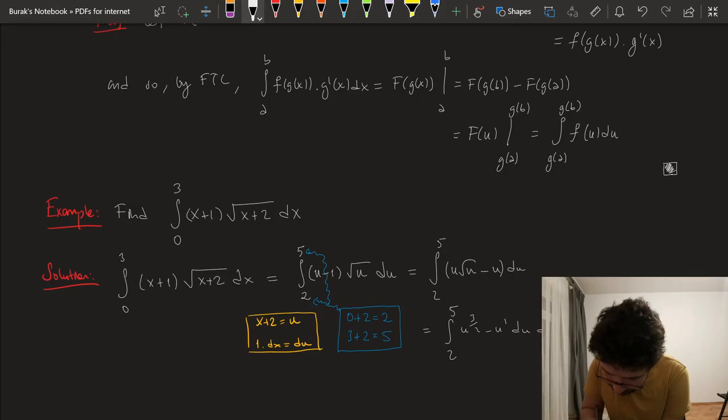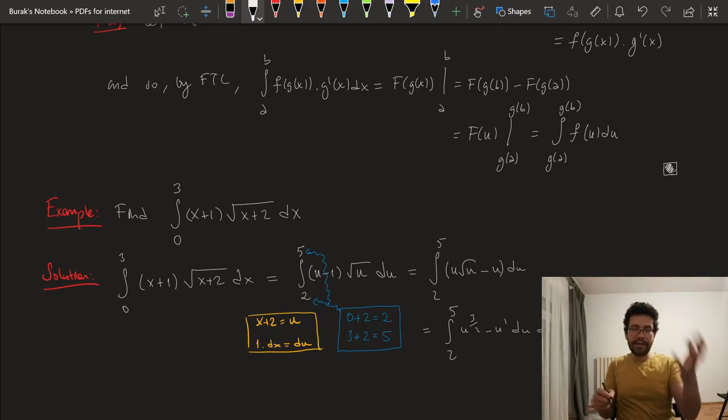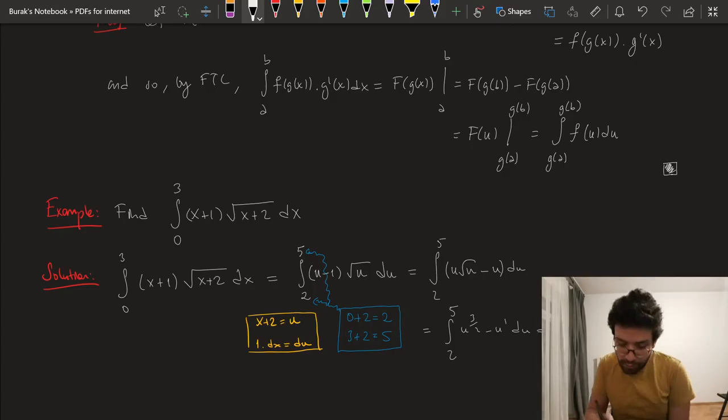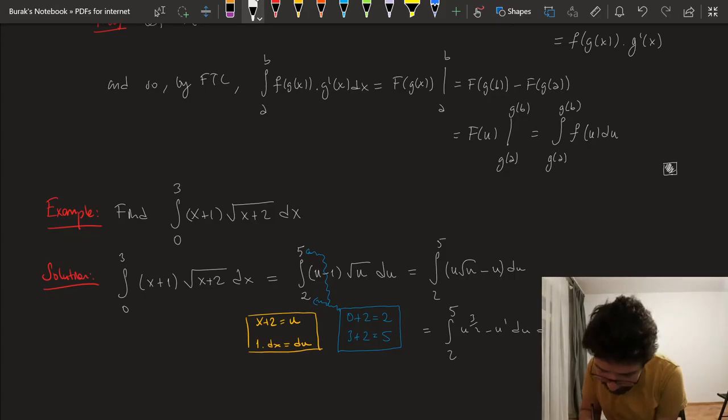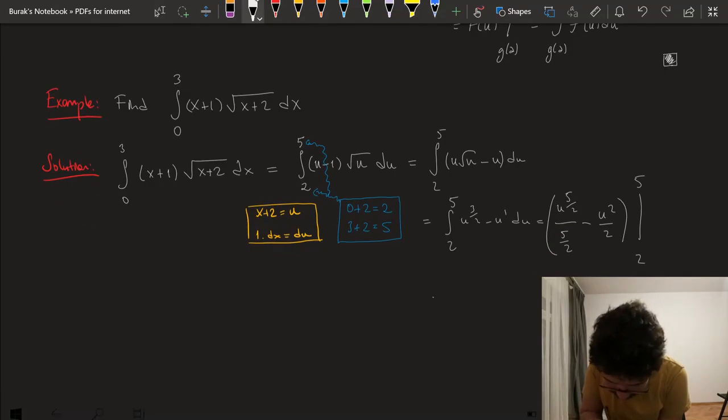This is u to the power of 5 halves divided by 5 halves, because the antiderivative of x to the power p is x to the power p plus 1 divided by p plus 1. So you add 1 to this and divide by that, and you get u squared divided by 2. And you are supposed to evaluate this from 2 to 5. So you're going to get whatever you're going to get.